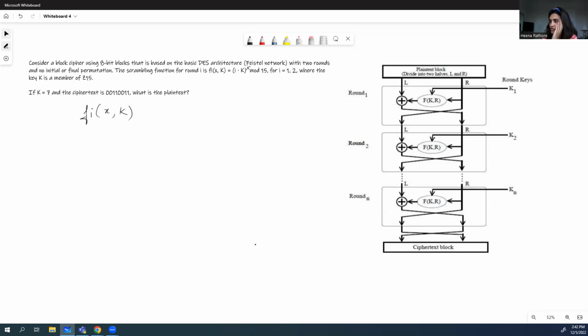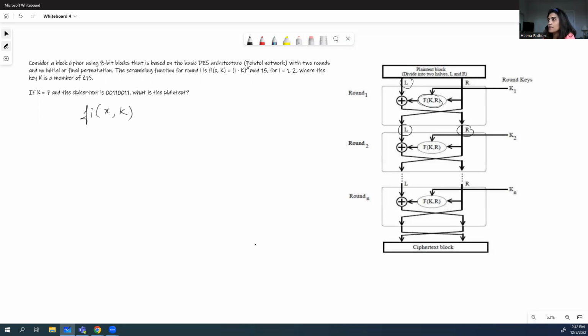The first few bits, which are considered the left-hand bits, are combined with a function of the key value and the right-hand bits, and whatever the output of that function is, is given as input to round number 1, where the left bits are XORed with the function of key and R. Whatever the output is becomes the right bit, and the previous right bit becomes the left-hand side, and then the same combination happens once again.